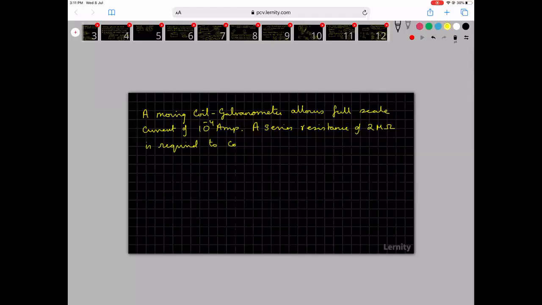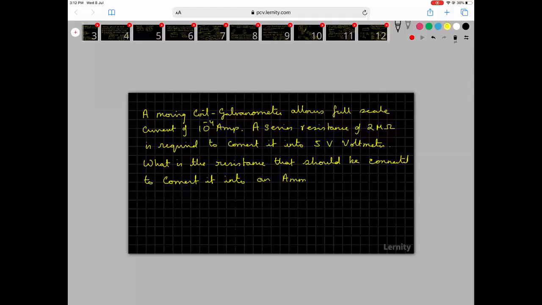What is the resistance that should be connected to convert it into a 10 milliampere ammeter?